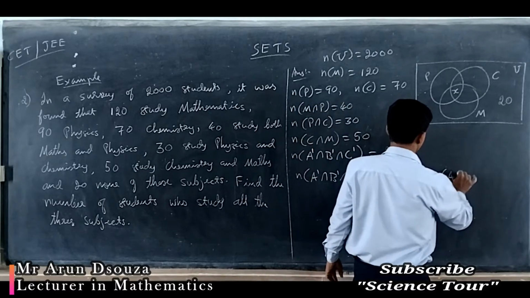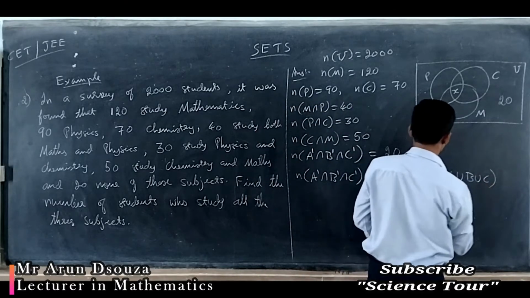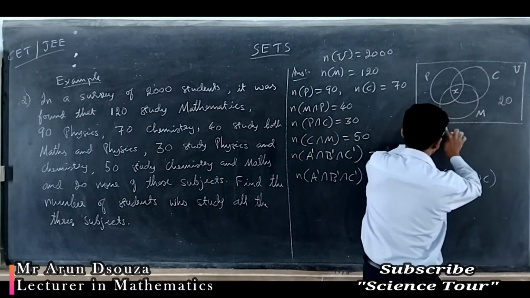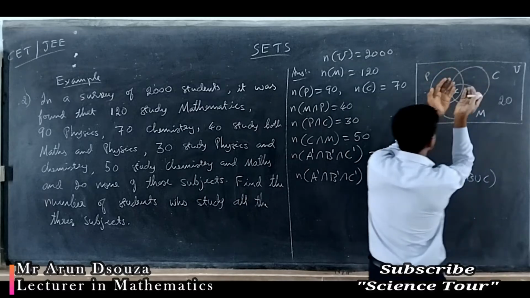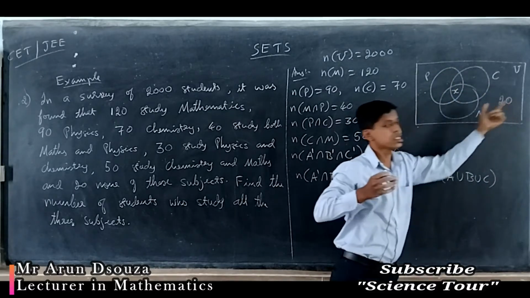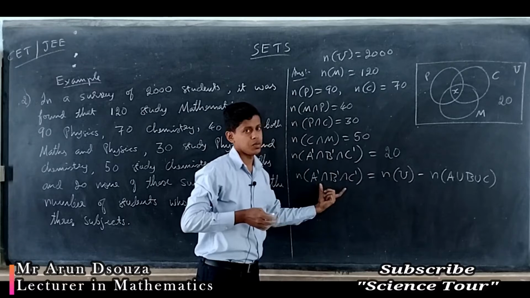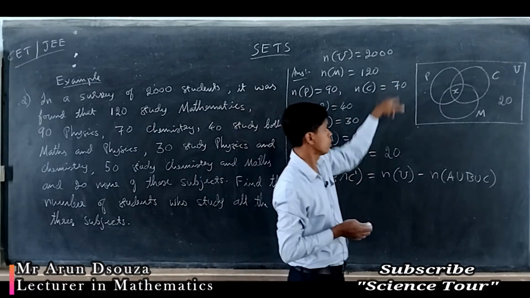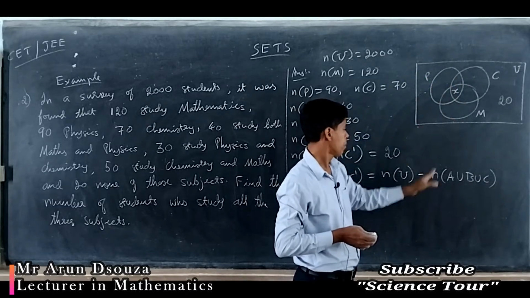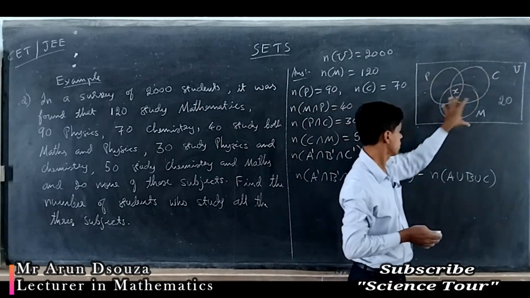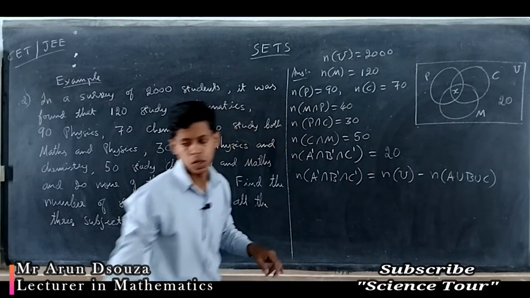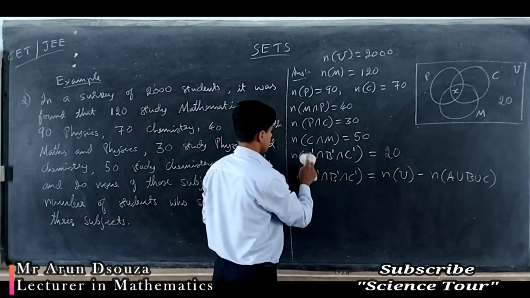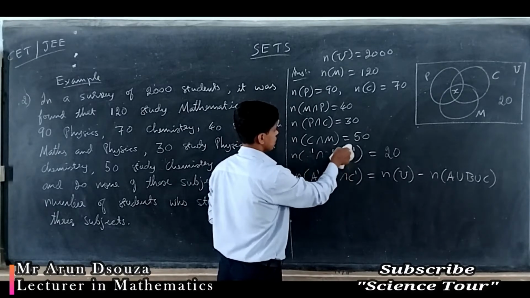n of A union B union C. Understand? Now you have universal. Out of that, remove these circles. What remains is this 20. What remains is none of ABC. So none of ABC is nothing but universal 2000 minus. So that is the formula, but here I should make some change.